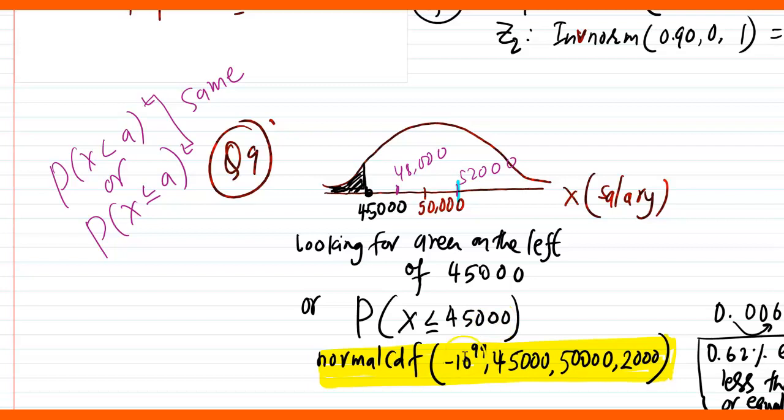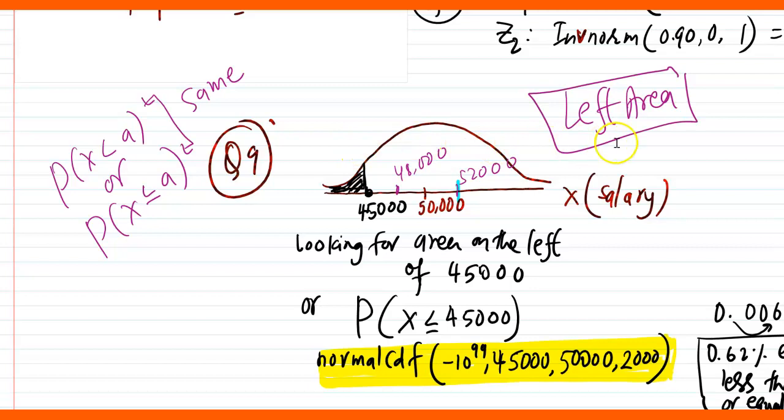And what I did, I used normal CDF, and again this is how to find the left area. We found left area a couple of times before. In the left area, the lower bound is negative 10^99. This point must be the upper bound, 45,000. The mean is 50,000, standard deviation 2,000.